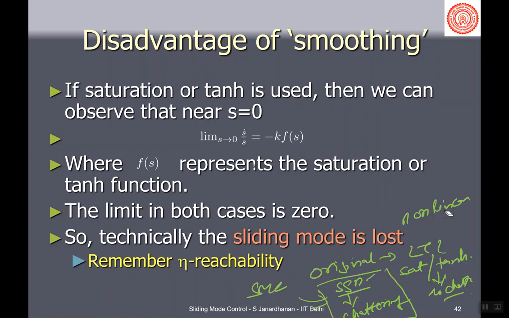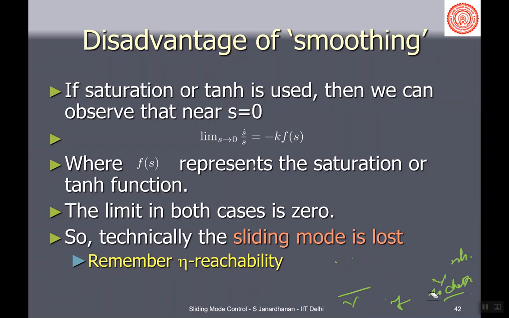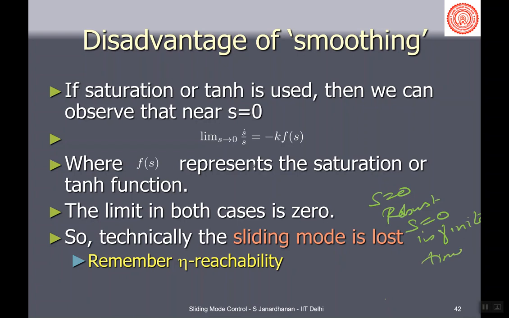The nonlinearity was there because when the system is confined to the sliding surface, there is robustness. S equal to 0 is robust. That is why S equal to 0 should be achieved in finite time.